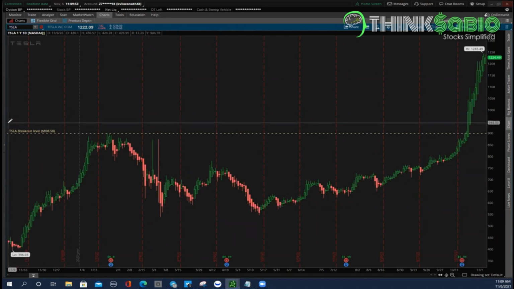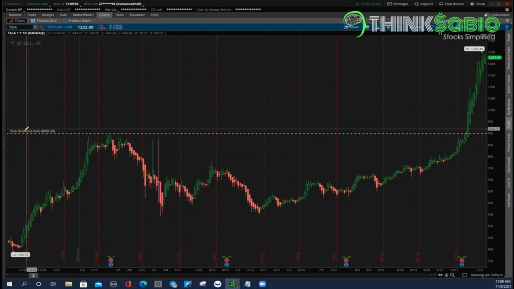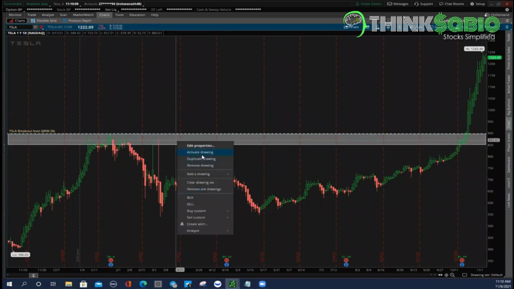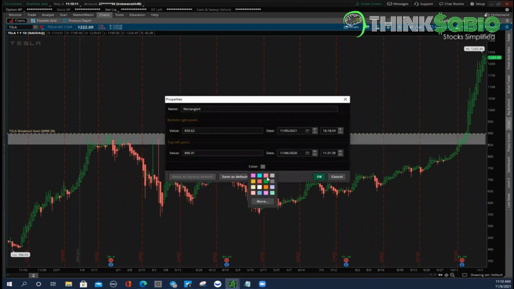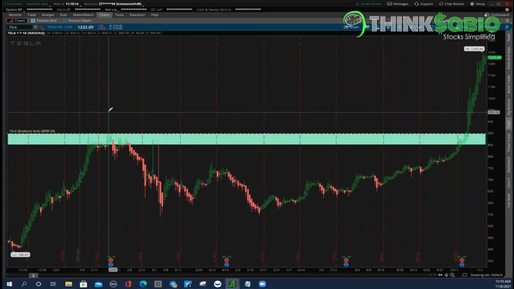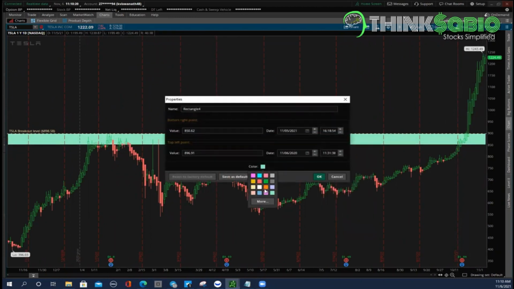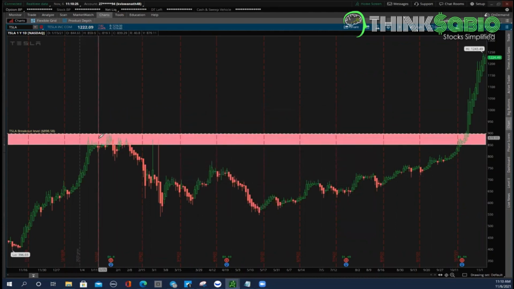I try to cover the wick and as many lines as I can. Then I go to edit properties and change the color. I should do it in red because that's resistance. So let's do this. Okay, so this is resistance.